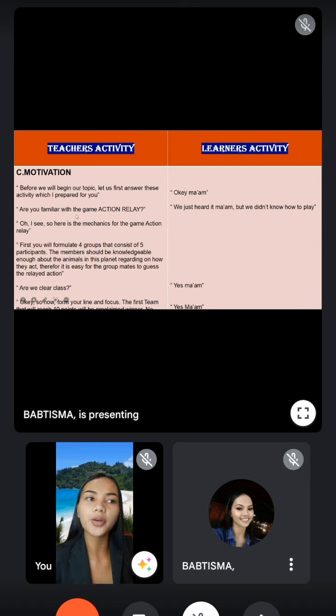So, are you familiar with the game Action Relay? The students will reply, we just heard of it, ma'am, but we don't know how to play. Oh, I see. So here are the mechanics for the game Action Relay. First, you will form four groups that consist of 5 participants. The members should be knowledgeable enough about the animals on this planet regarding how they act.